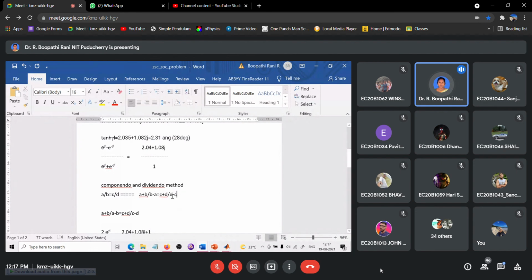So both ways are right. So while solving using the calculator, you need to use this componendo dividendo method.